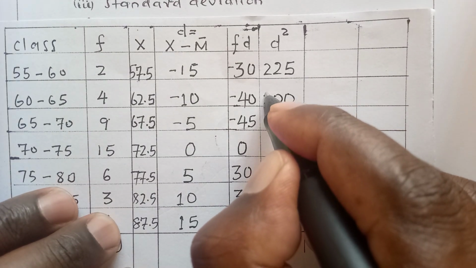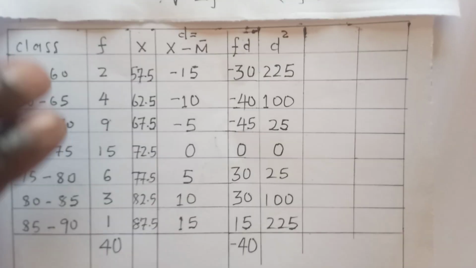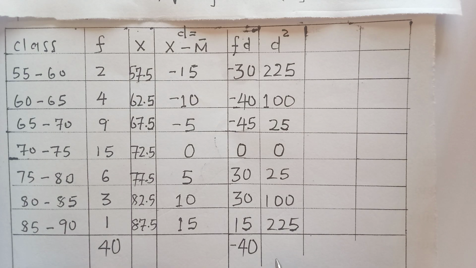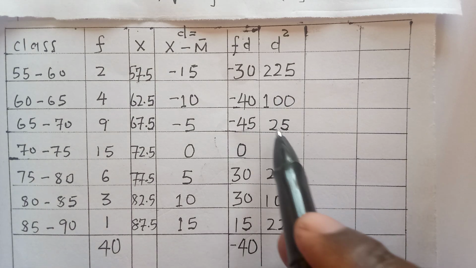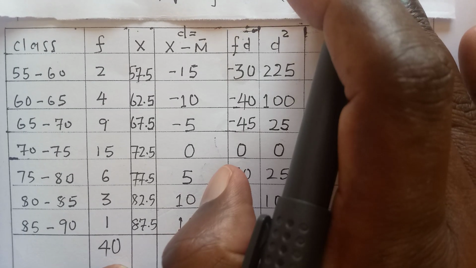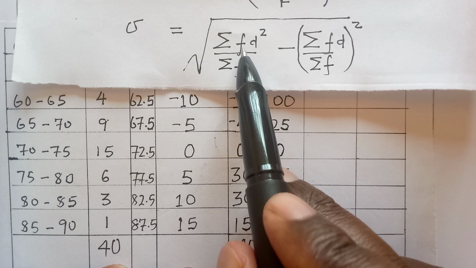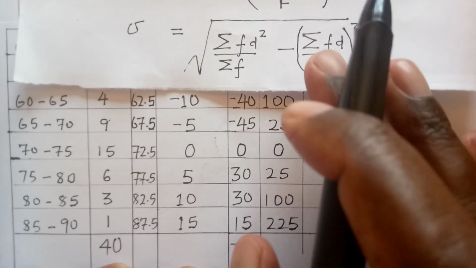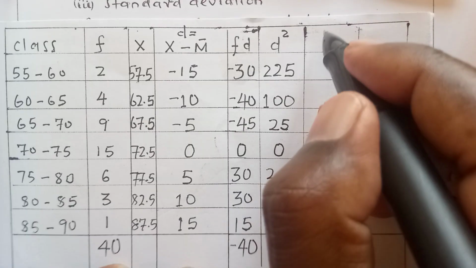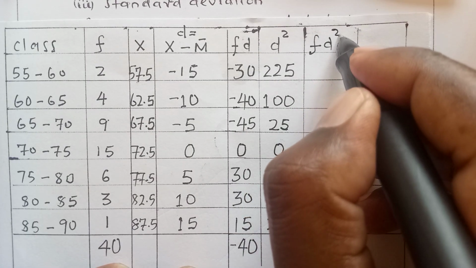And so guys, I continue offline and I come back to you so that we can save time. So guys, I have been able to square our D to be D squared. Then our D squared is multiplied by F. So from this one, we have to multiply F. Now we write F D squared like that.